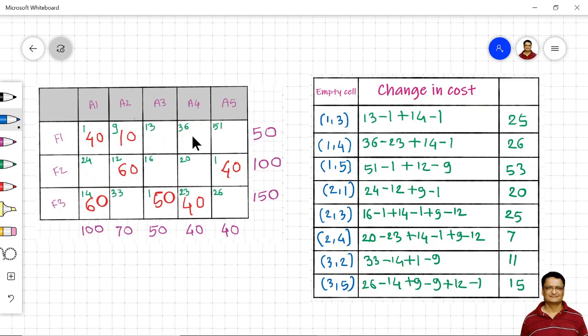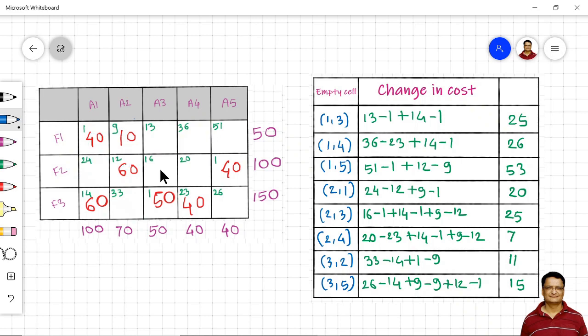For this cell, the loop will be given by this combination. So plus 36 minus 23 plus 14 minus 1. For this cell, the loop is given by this combination. For this cell, the loop is given by this combination.